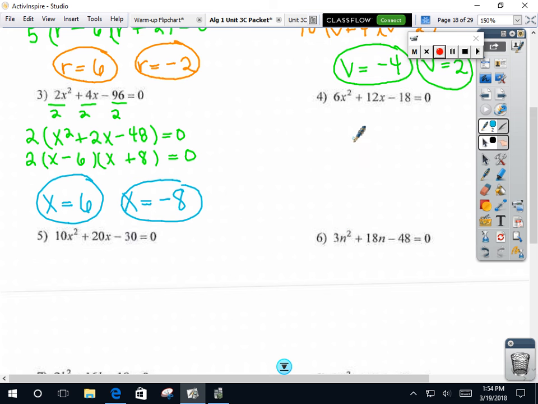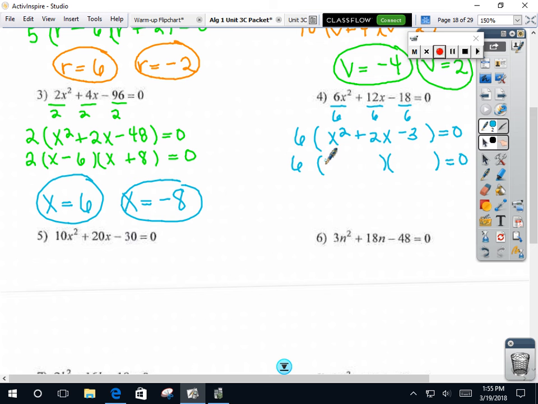Number 4, what can you do first? Divide by 6. And so that's the GCF, so you factor it out. And so what's the trinomial that remains? And so now you do what?